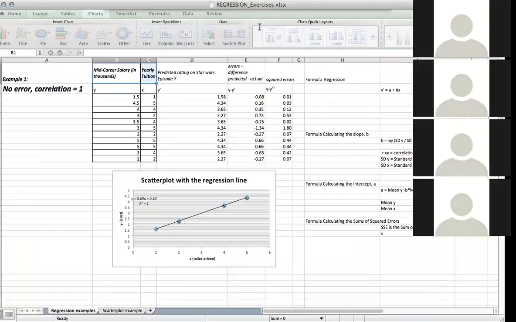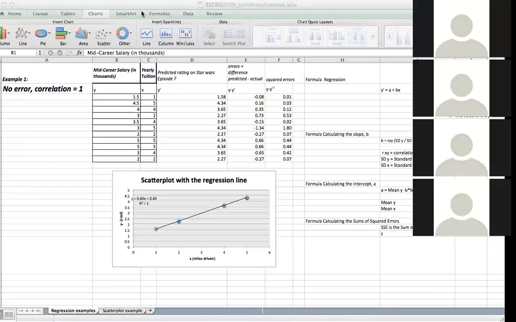Which one is the y variable? Right, y is always the one that we're trying to predict. So this is question number 4 on the spreadsheet for tonight. Which one is the y variable?